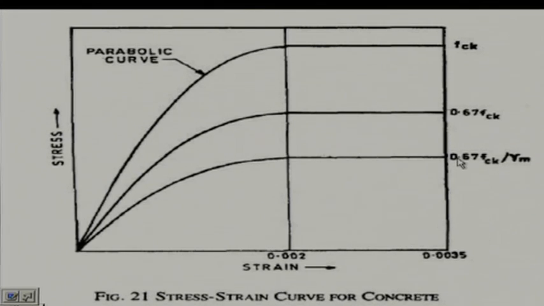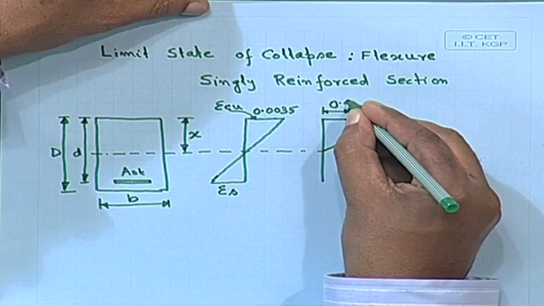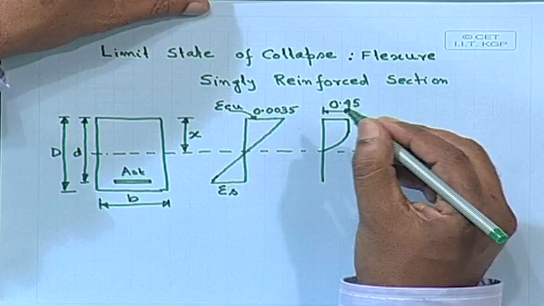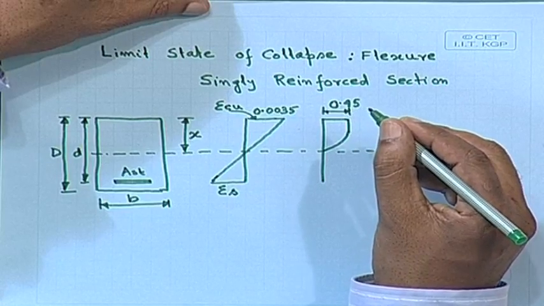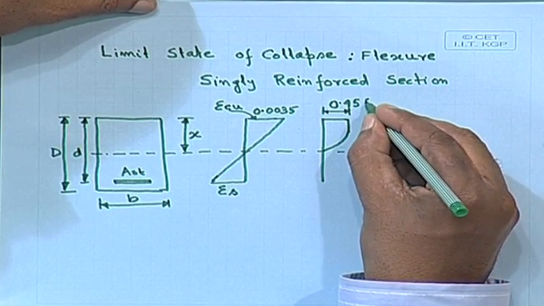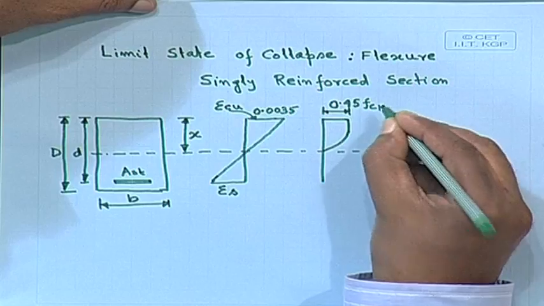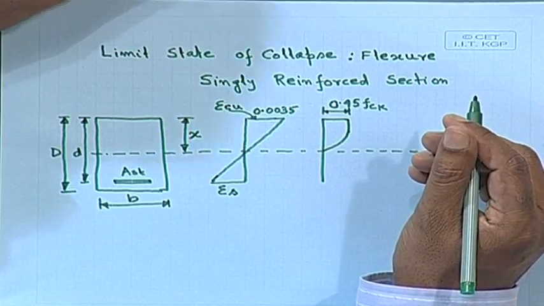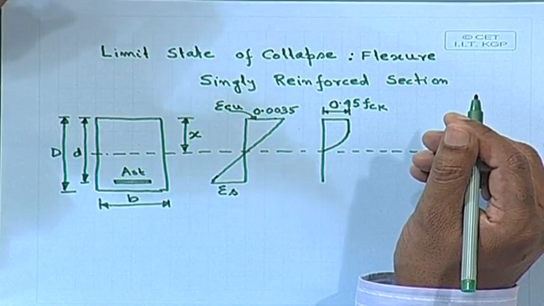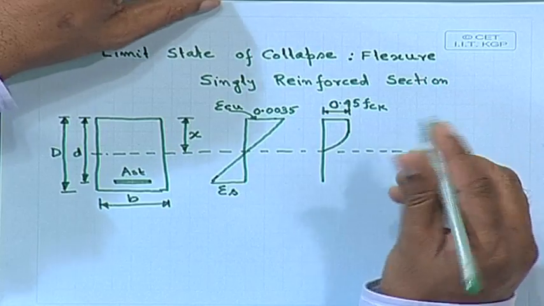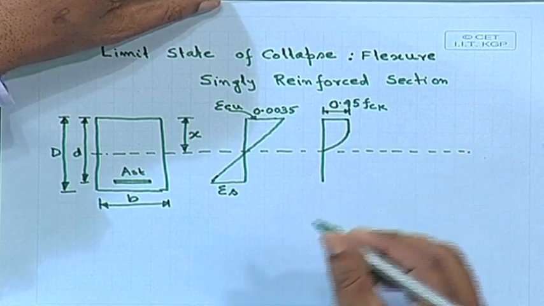We shall consider this value as 0.45. So, we are taking 45% of the cube strength. To be more specific, for our design purpose we are taking 45% of the cube strength.